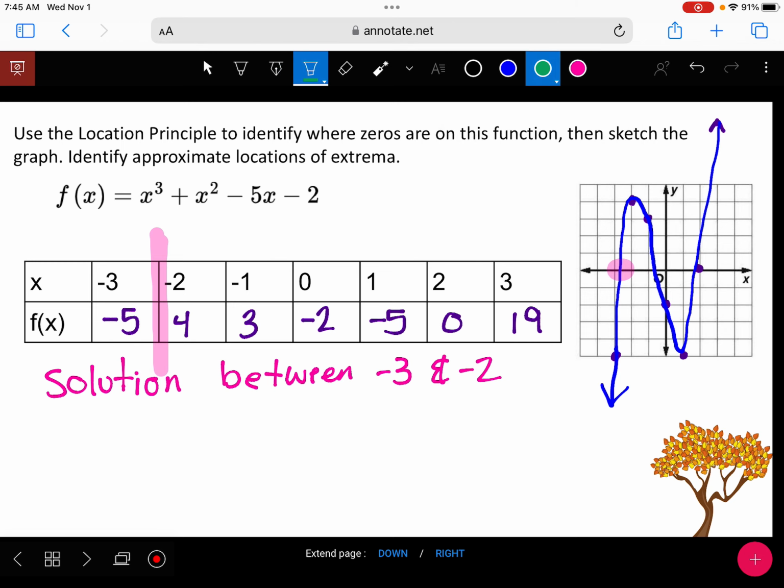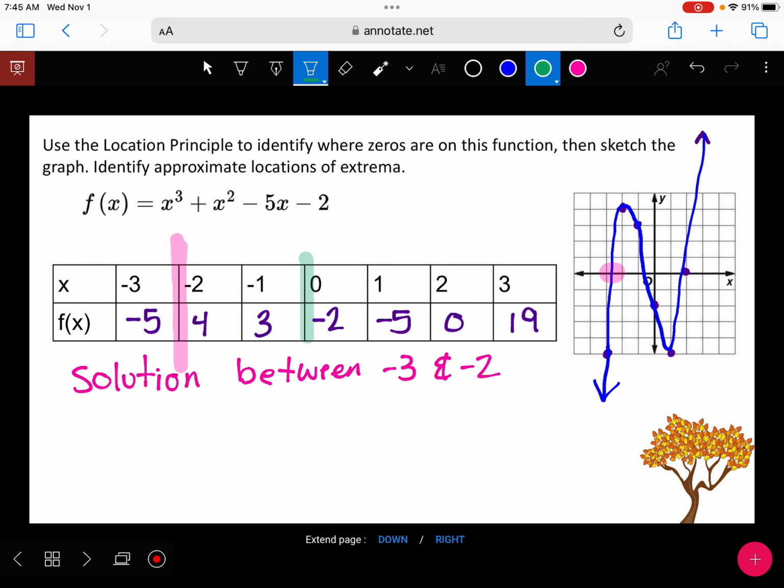We have another solution where it changes from positive to negative between -1 and 0.